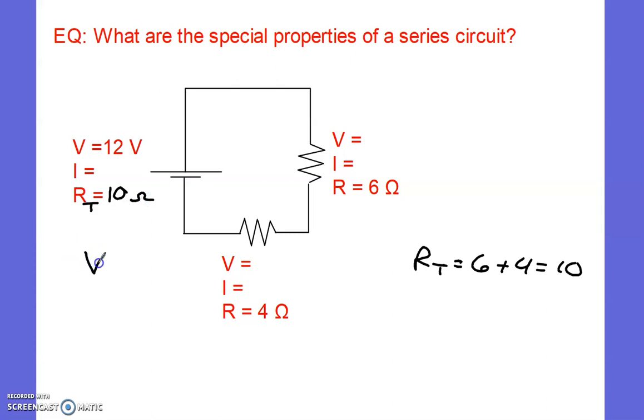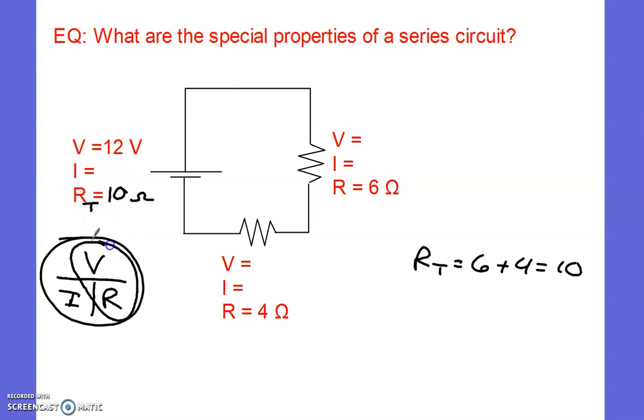The next thing we do is we use our Ohm's law and solve for the current. We have 12 for the V and 10 for the R. We're going to divide them to solve for I, and we get 1.2 amperes.